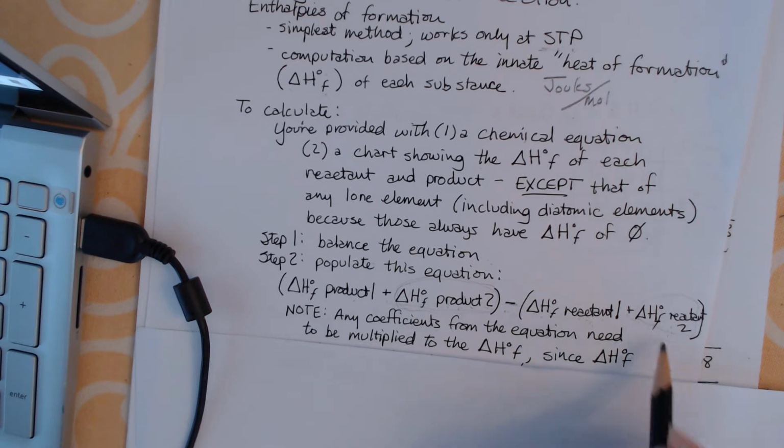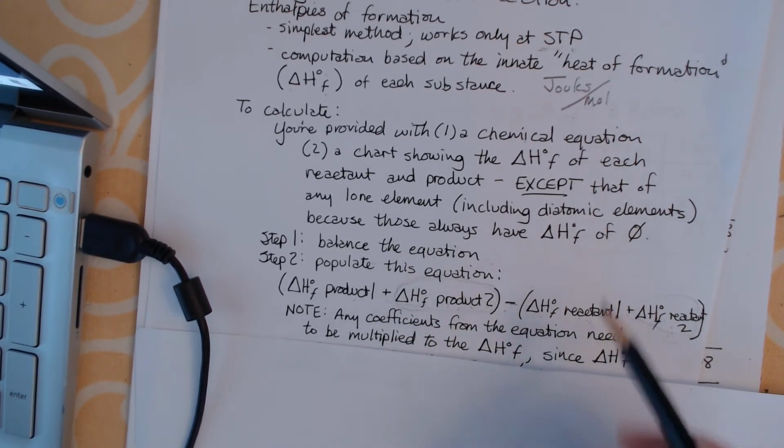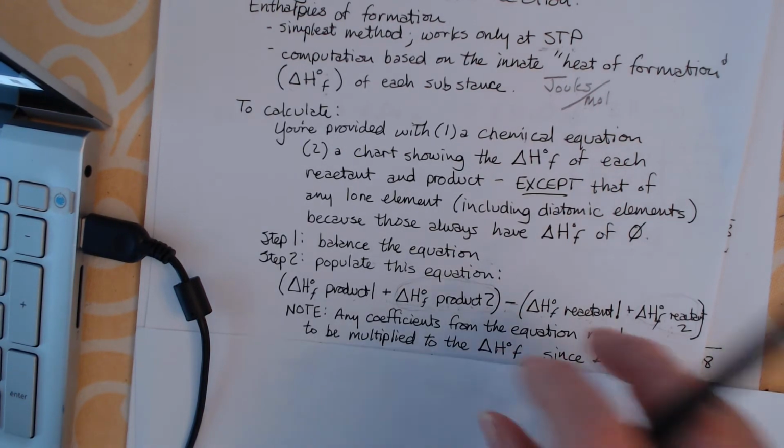And again, keep in mind that standard heats of formation are always just given to you in a table. They could be very large, they could be very small. They could be positive, they could be negative. Once you do the math, your answer will end up either being negative or positive, either one, because your reaction could be either exothermic and negative or endothermic and positive.